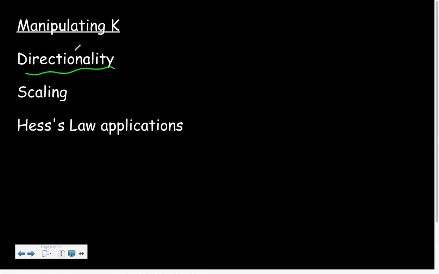If we wanted to scale our reaction, if we wanted to multiply our reaction by 2, thinking about what happens to my coefficients, I'm going to square my K, yeah? Because if I double all my coefficients, all those coefficients go up there as my exponents.